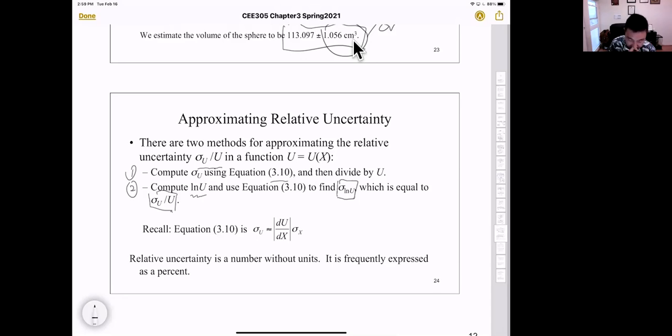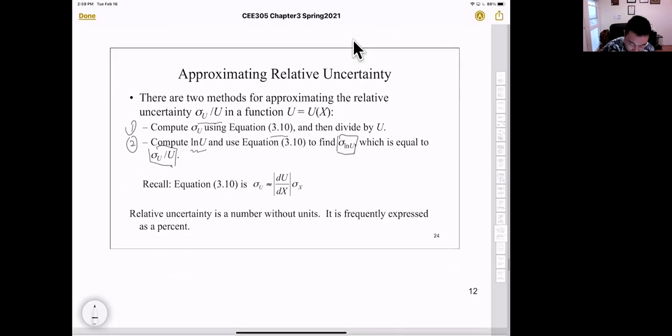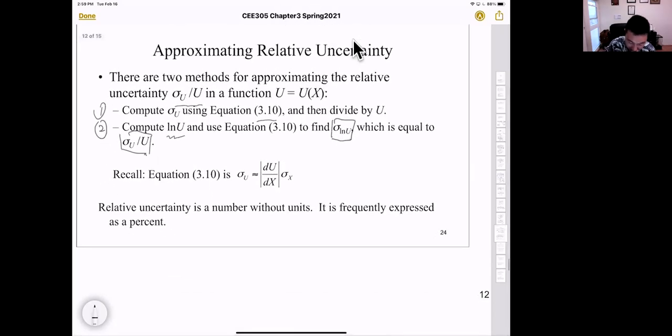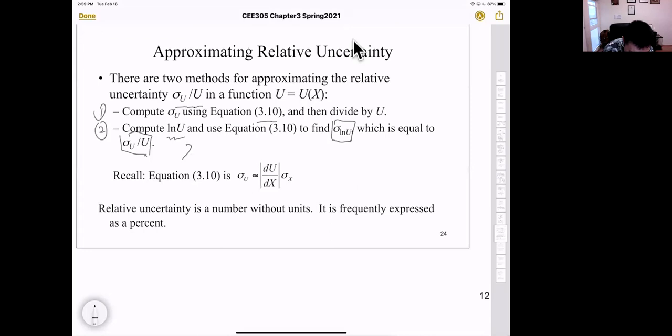The reason we can use the second method is that we can think of natural log u as a function of u. So based on equation 3.10, sigma ln u is equal to the derivative of log u with respect to u, times sigma u.